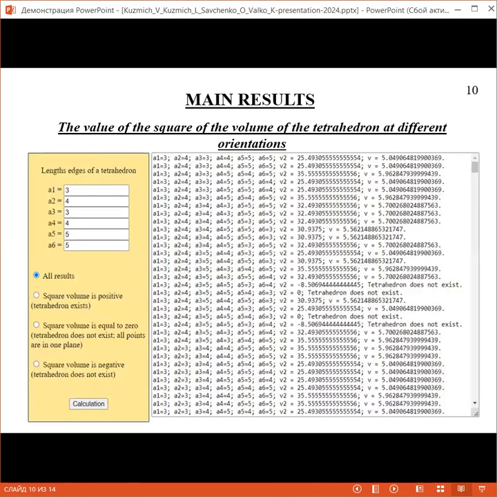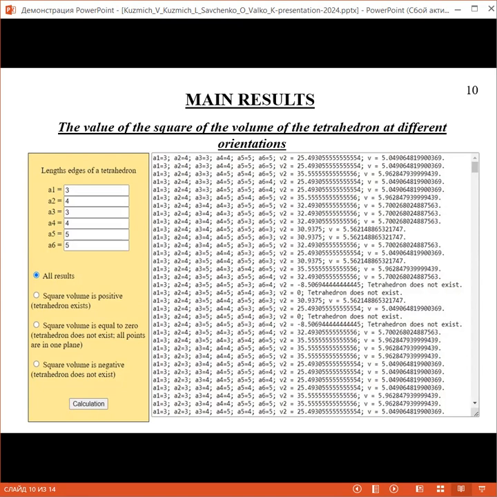With different orientations of the tetrahedron, different values of the square of its volume are obtained. They can be positive, indicating that such a tetrahedron exists and can be constructed. If the square of the volume of a tetrahedron is negative, then this indicates that such a tetrahedron does not exist.